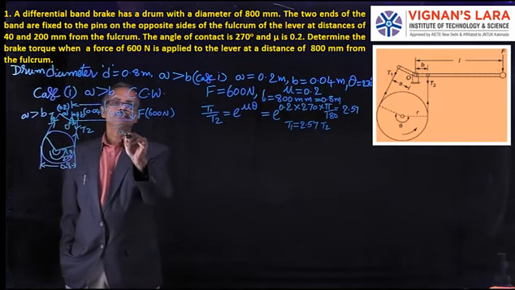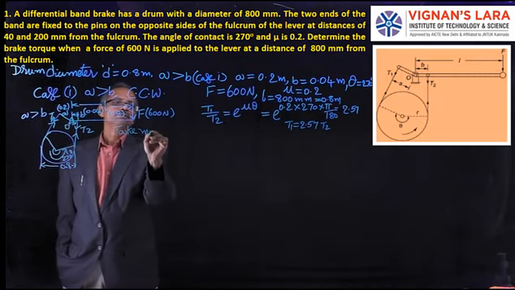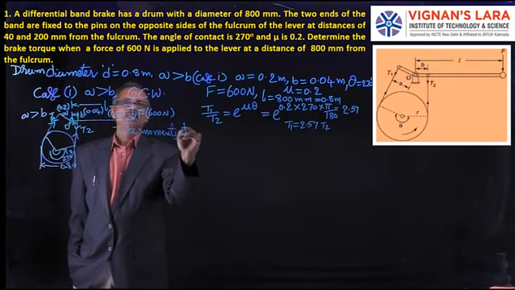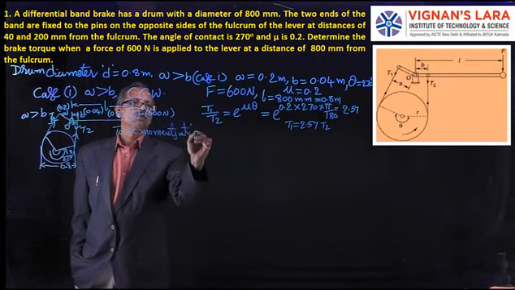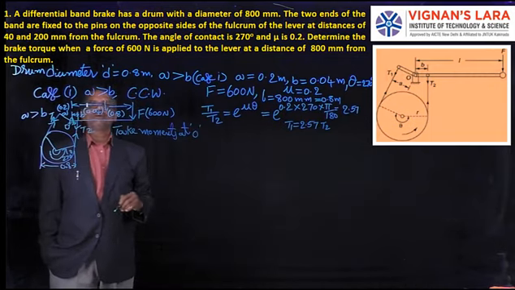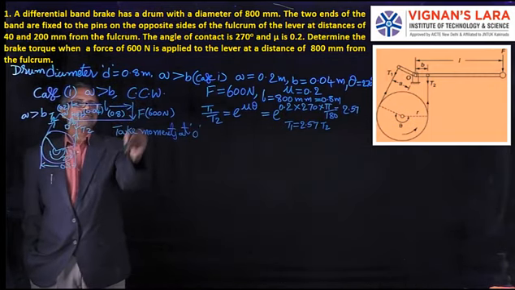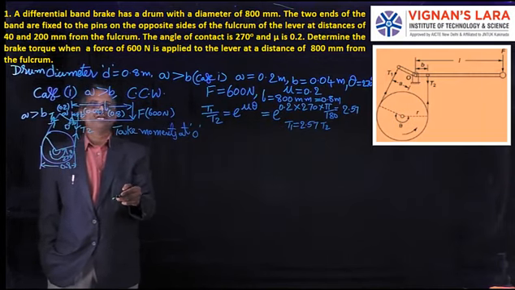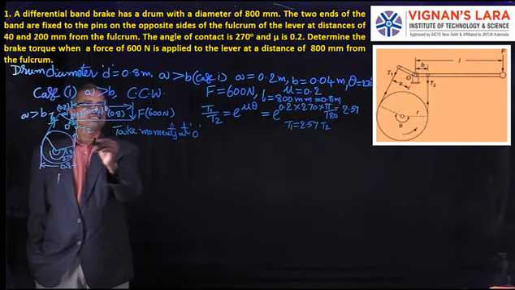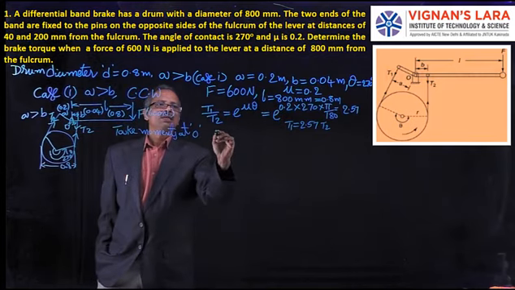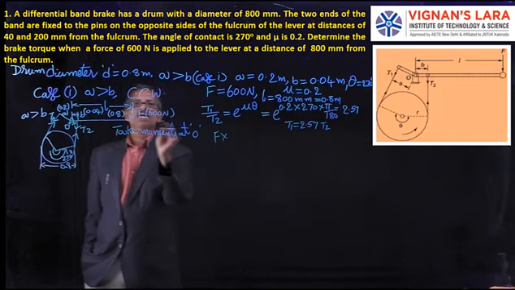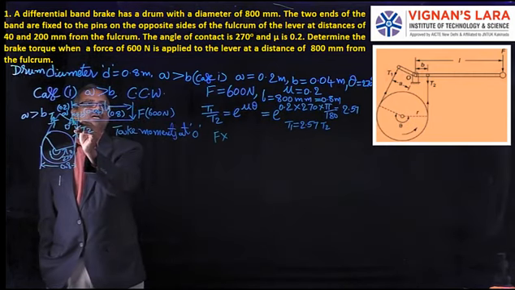Take moments at the fulcrum point O. Now look here, the force F as well as T2 both will give the same moments. So that is F into, how much distance from the point O?